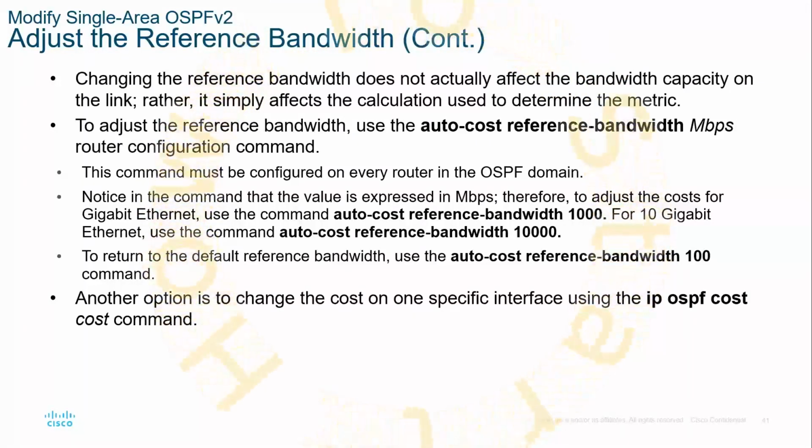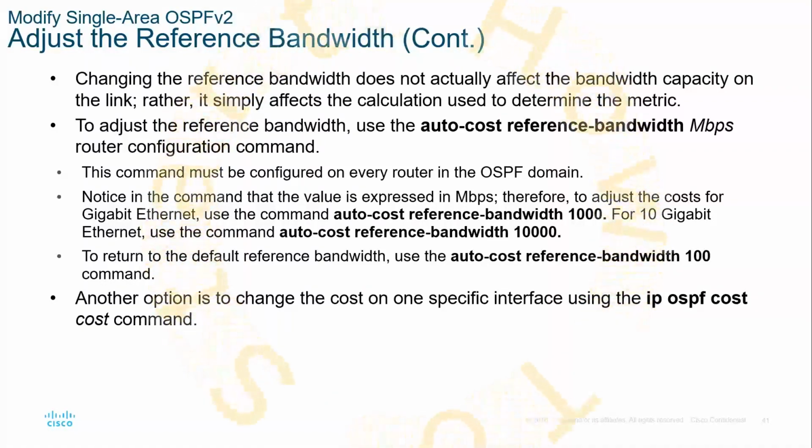If we wanted 10 gig, it would be 10,000. To return to the default, we set it back to 100, which is again just 100 megs. Another option to change the cost on one specific interface is using the ip ospf cost command. So we can adjust that.